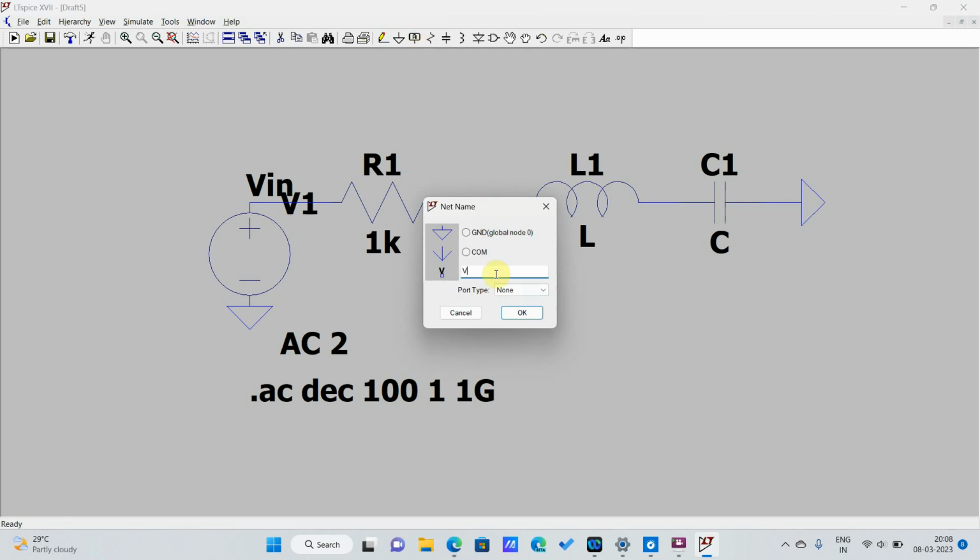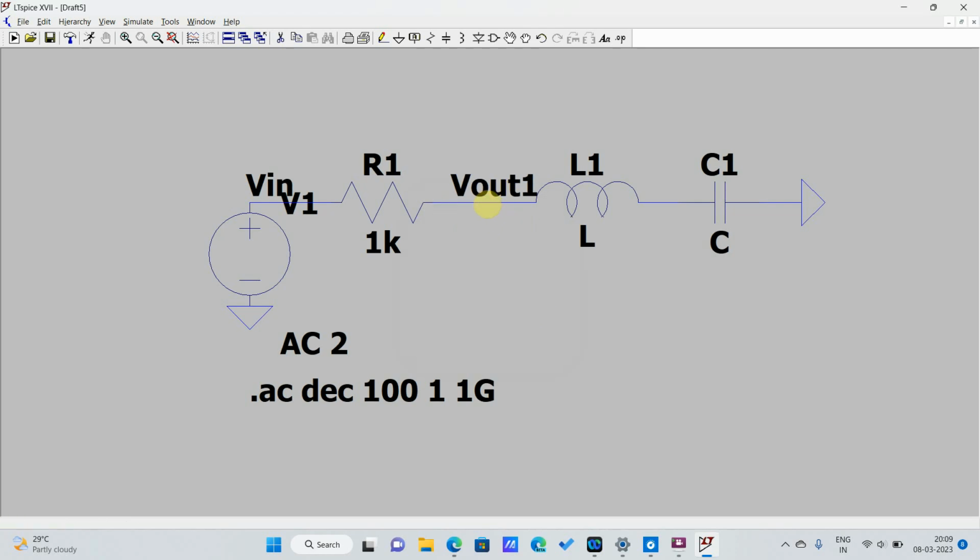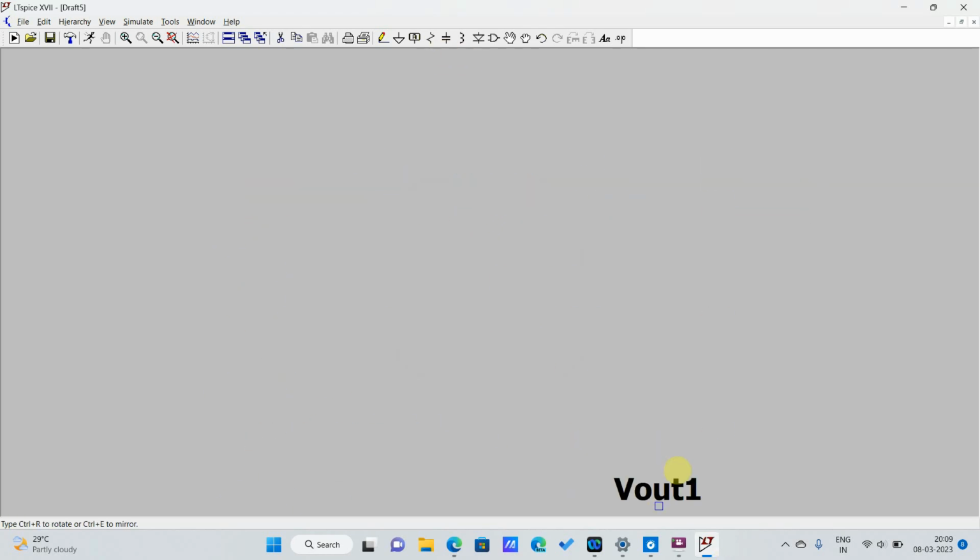So let's give one label, we have one, as we want to measure the voltage across the inductor and voltage across the capacitor.